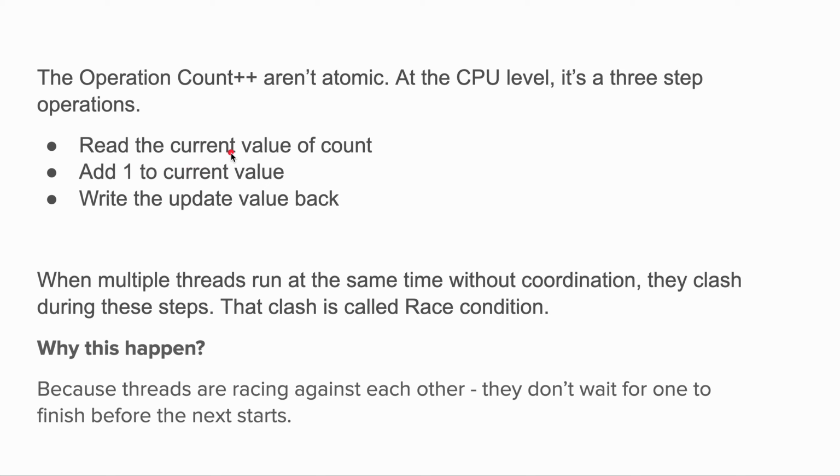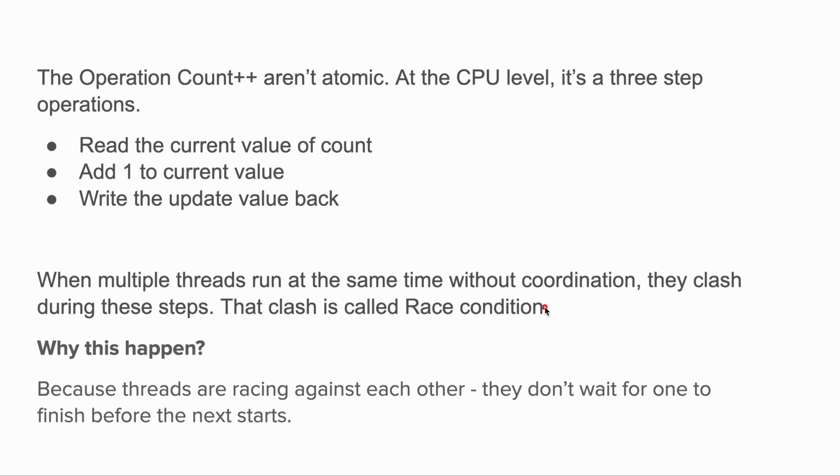One thread reads the current value of count and increments it, but has not written the value yet. At the same time, if another thread reads the value of count, there is a mismatch, right? And that clash is called race condition. Why does this happen? Because threads are racing against each other. They don't wait for one to finish before the next starts.